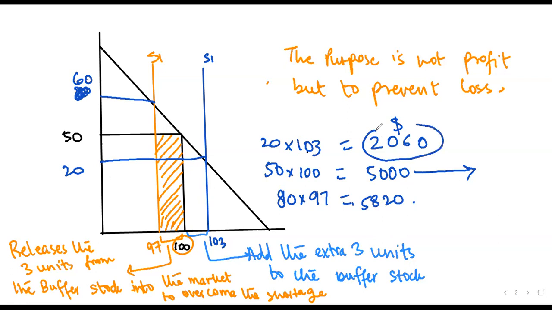This time, when the supply was too much, the farmers would only receive 2060 as revenue this year, although they should be receiving a stable income of $5,000. They're facing loss. So in this regard, price stability helped the farmers. Buffer stock helped the farmers to maintain a stable revenue. Yes. Okay.